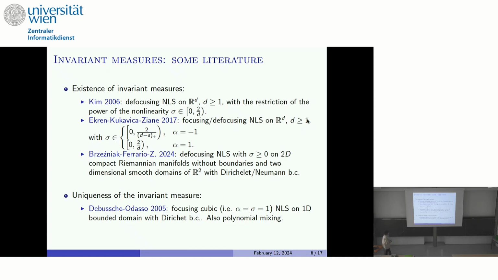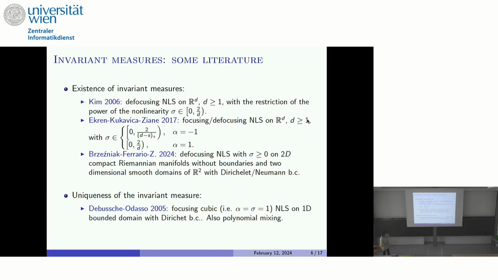As far as uniqueness, as far as I know, there is this result by Debussche and Odasso of 2005, where they consider the one-dimensional case on a bounded domain with Dirichlet boundary condition, the focusing cubic case, and they prove uniqueness of the invariant measure and also polynomial mixing.